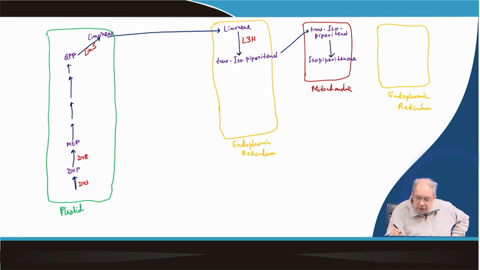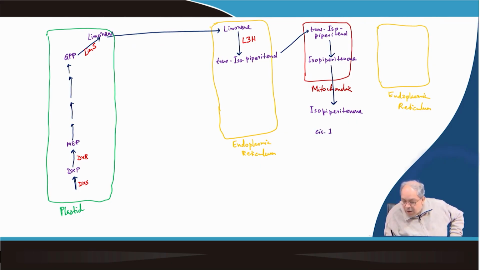This isopiperitenone will come out from the mitochondria into the cytosol, and it will be converted into cis-isopulegone. Cis-isopulegone is subsequently converted into pulegone.